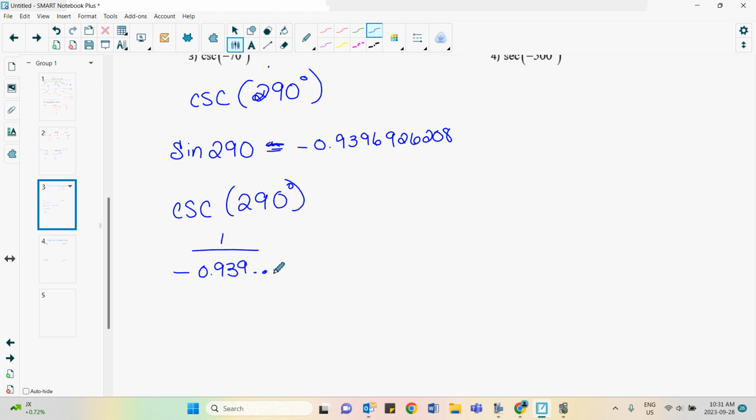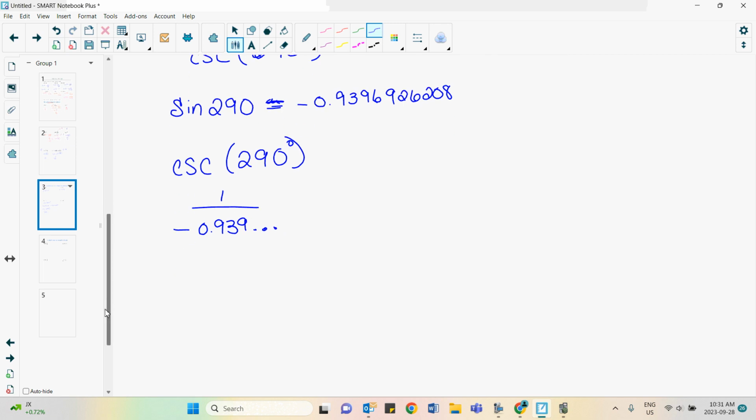I'm not going to write out those decimals all again, so I'm just going to use ellipses for that one. I'm just going to write out all my steps so we remember how to get this. 1 divided by my answer. So my answer is going to be negative 1.0642. You guys got it? Easy peasy.